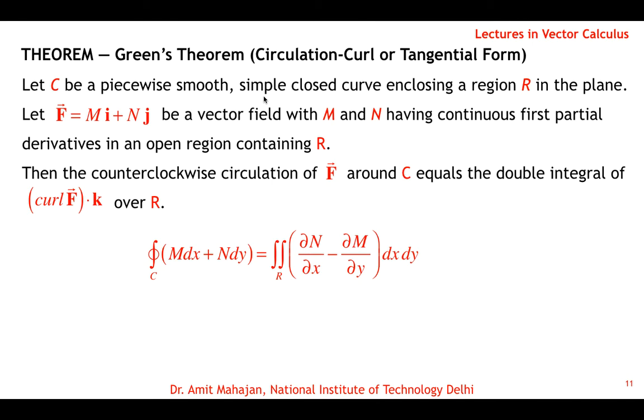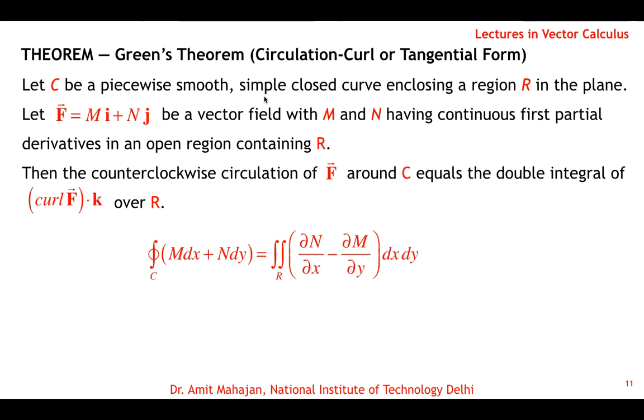They do not cross itself in between at interior points. And there can be curves which are simple but not closed. Like a line segment: it is a simple curve because it does not cross itself, and it is not closed because the endpoints do not meet. So it is a simple open curve.